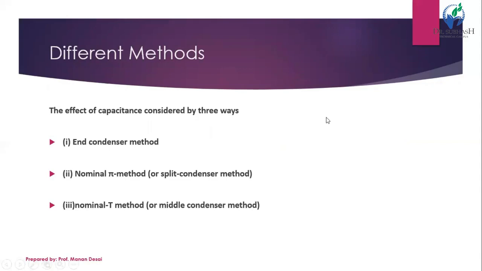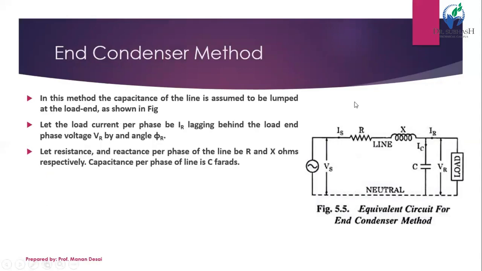Now, what is the end condenser method? The capacitance of the line is assumed to be lumped at the load end. This is your load end, and this is a capacitor connected in the equivalent circuit as shown in the figure.